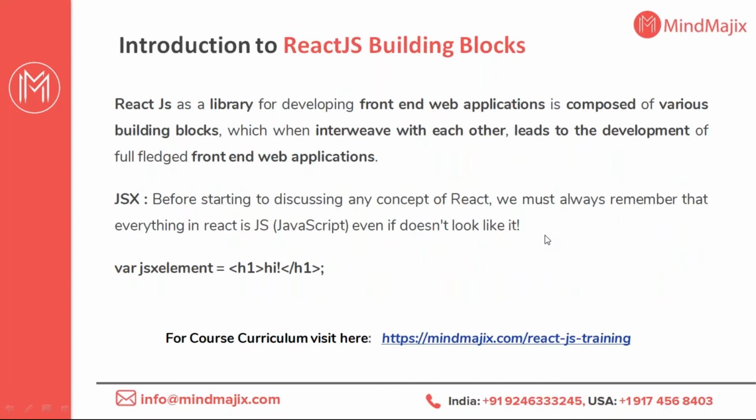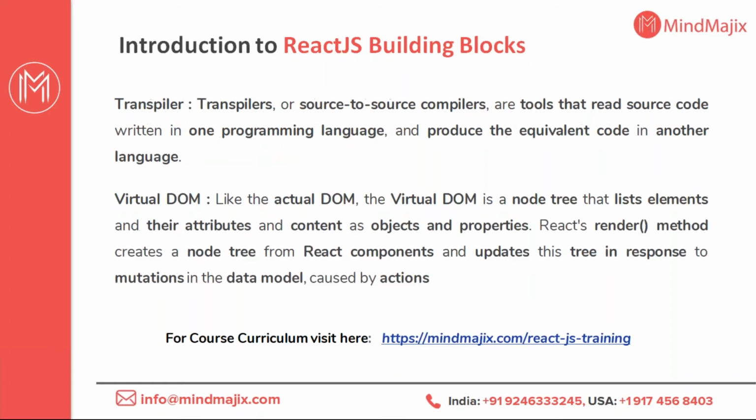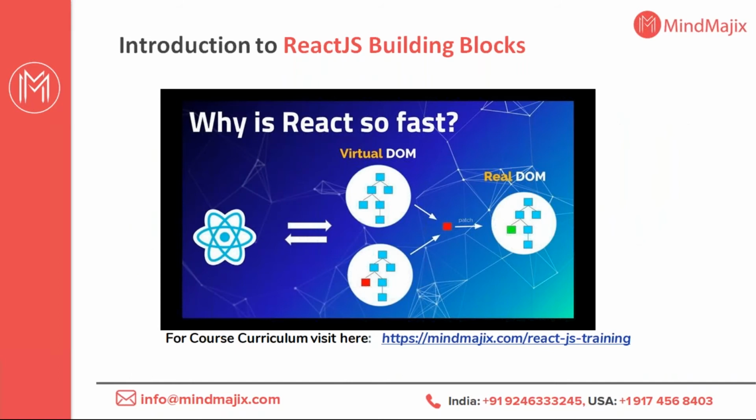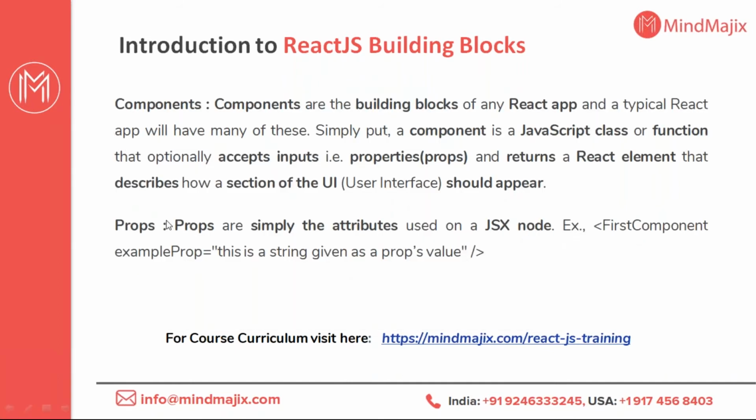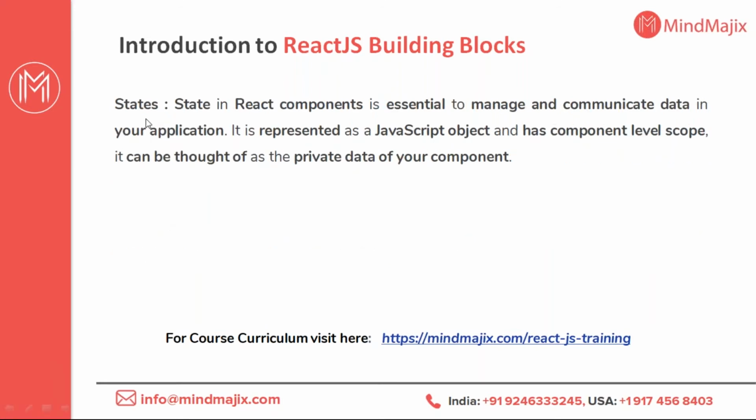Coming to React.js, there are basic, common things that you have to discuss from starting an application to finishing it. The common words are JavaScript extension, transpiler, virtual document object model, components and props, state, and events also.